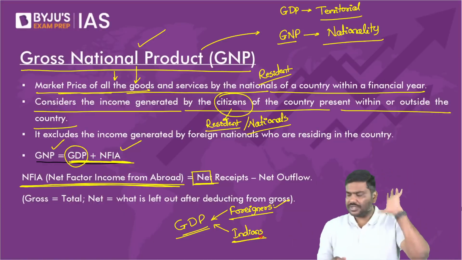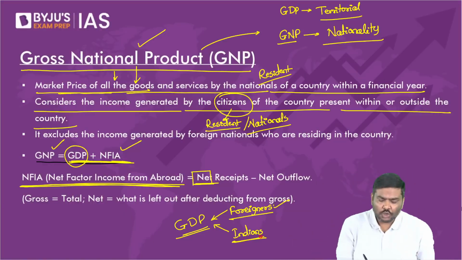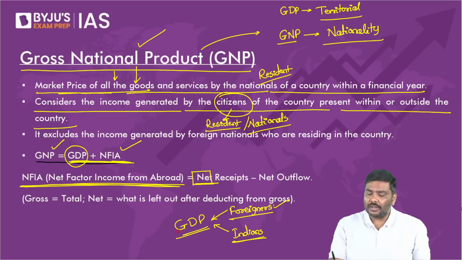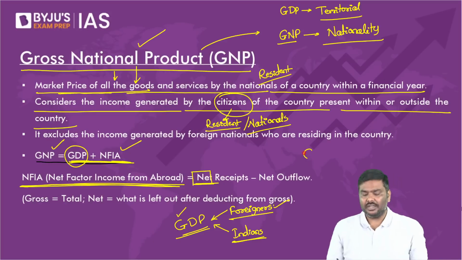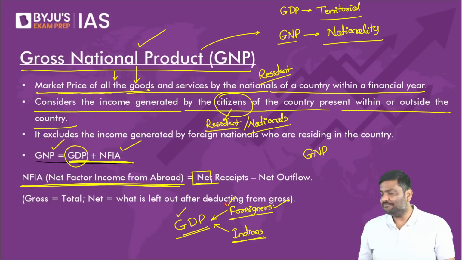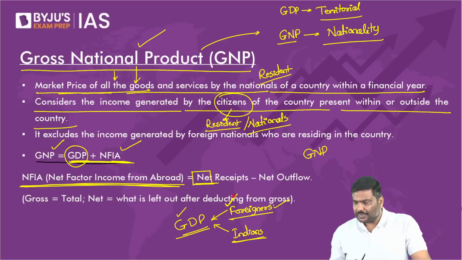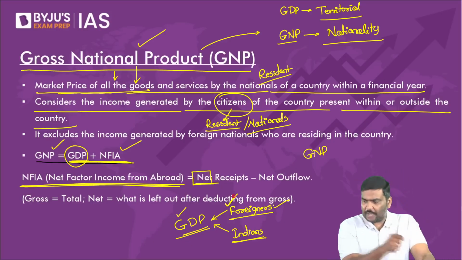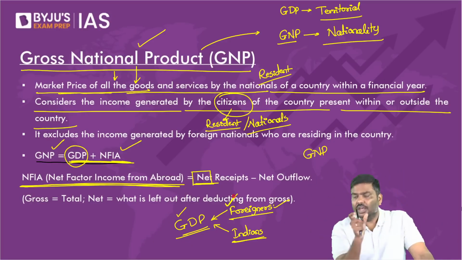Now, simple question to you people. If you want to move from GDP to GNP, gross national product, should you be counting the salaries earned by foreigners in India? If you want to use GDP to calculate GNP, should you be counting salaries earned by foreigners?